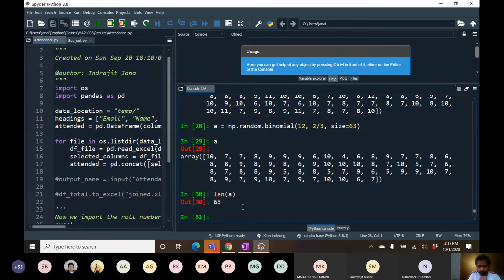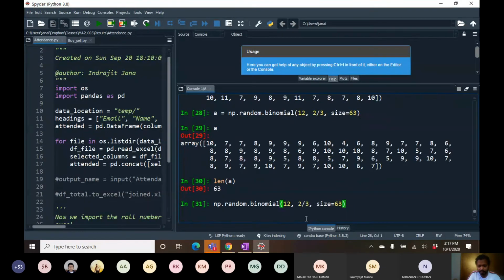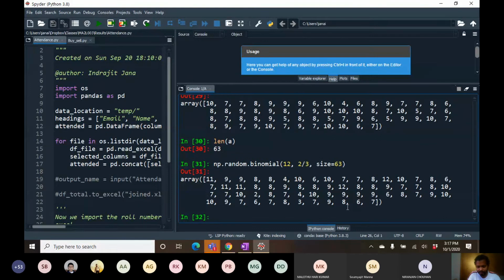All right, let me tell you one more thing. np.random.binomial 12, 2/3, size 63 gives me 63 sample values from the same binomial distribution, as if all the 63 students are doing this experiment, tossing a coin 12 times and reporting the number of heads they get. But if I ask them to do that once more, obviously we're going to get different numbers.